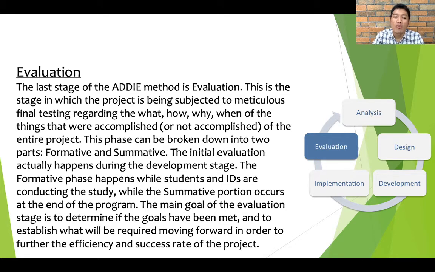The initial evaluation here actually happens during the development stage. The formative phase happens while students and instructional designers are conducting the study, while the summative portion occurs at the end of the program because it is like a summary.